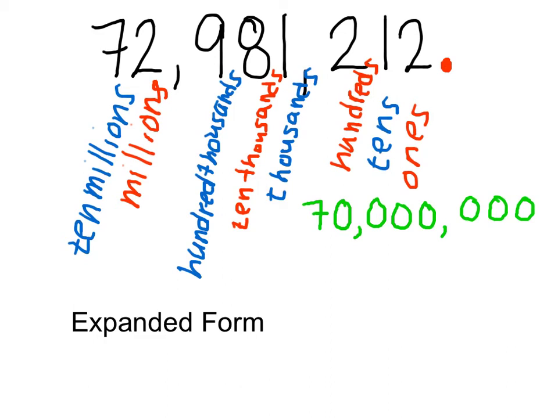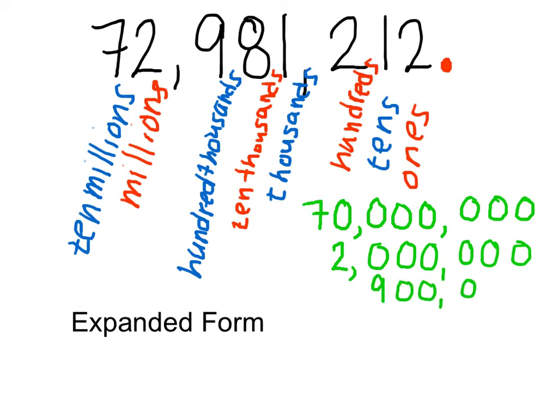The 2 is in the millions place, so it is a 2, and everything to the right becomes zeros. You also know that 2 millions is worth 2 million. The 9 is in the hundred thousands place, so it's going to be 9, and then everything else is changing to zeros because it's going to be 900,000.